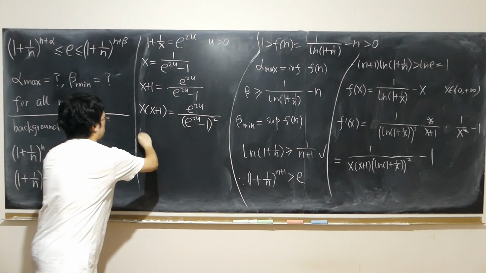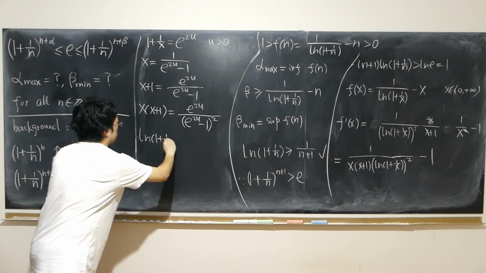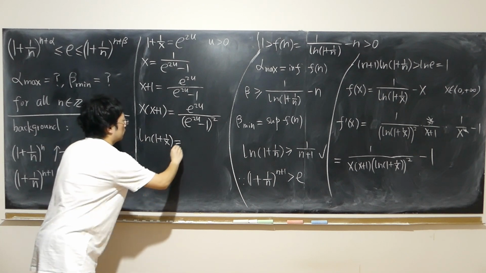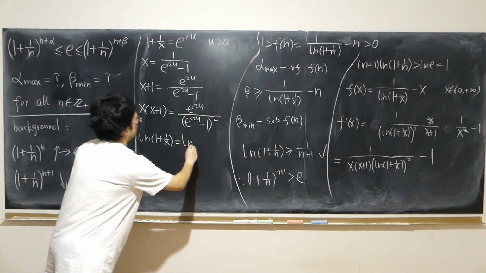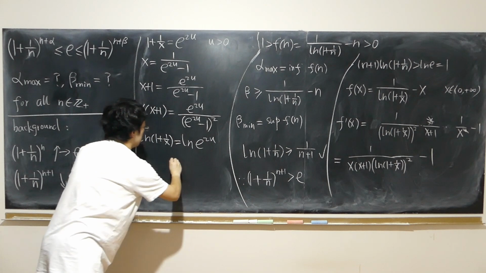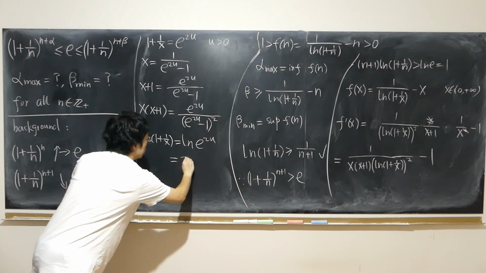And of course, log of 1 plus 1 over x will give me log of e to the 2u, that is just straight away 2u.